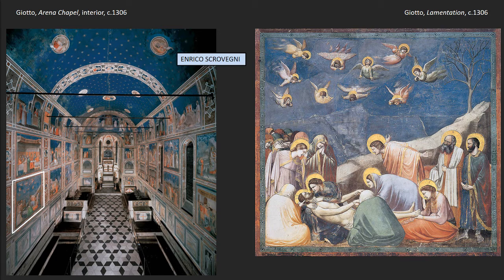So Giotto was commissioned to do the frescoes, and we're not going to look at a lot of them. I want to talk about fresco, right? The term fresco, which you probably have heard before, is the Italian word for fresh. So we can say dining al fresco, right? Dining in the fresh air.